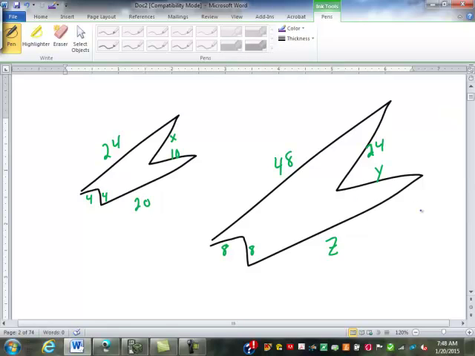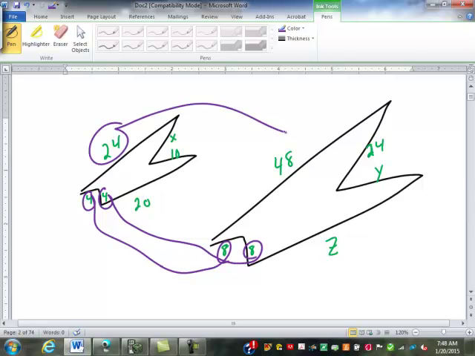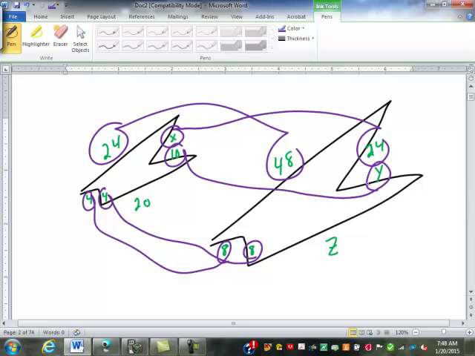Well, first thing I would usually do is match up sides. Like I know the 4 goes to the 8, and this 4 goes to that 8, and the 24 goes to the 48. The x goes to 24, the 10 goes to y, because I asked. The 20 goes to z.